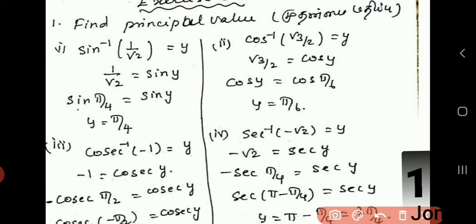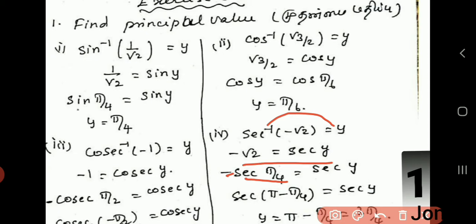Look at the fourth sum. Secant inverse of minus root 2 equal to y. Here we can take this secant inverse to the other side. It will become secant y. So minus root 2 equal to secant y. Keep the minus as it is. In the trigonometrical table we have the value of root 2 as secant pi by 4.